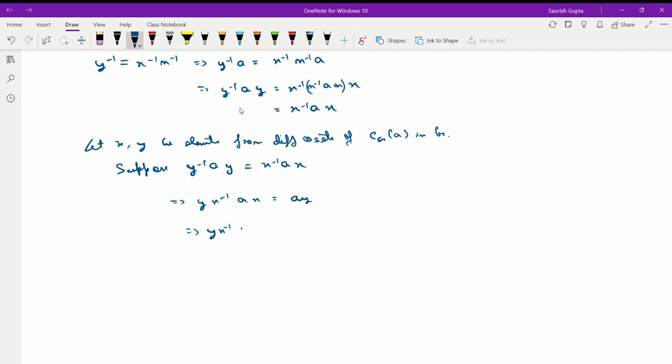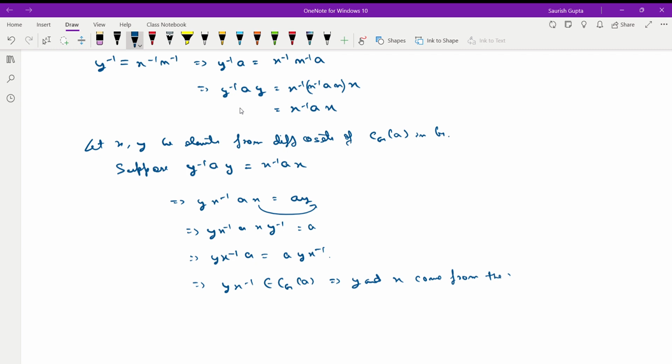So I'll get yx inverse A xy inverse is equal to A. Observe that this is yx inverse A equal to A. This implies that yx inverse is contained in the centralizer of A. But this implies y and x come from the same coset, which is a contradiction, because our assumption was they come from different cosets.